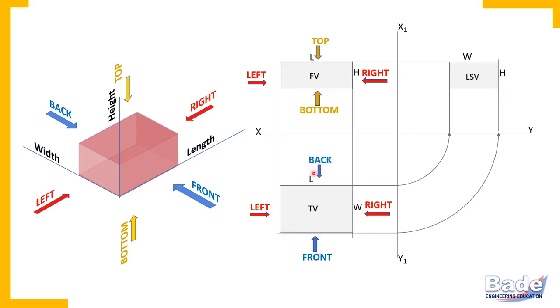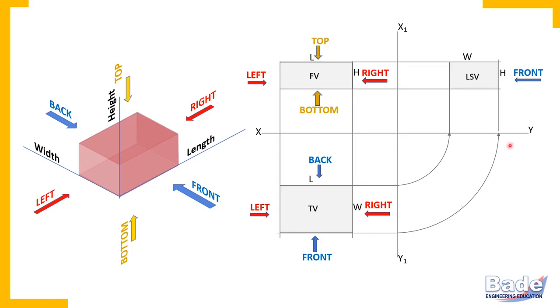This is front side and this is back side of the object. So what I want to tell you here is, in the front view, front back overlap and cannot be separated. But other than front and back, 4 sides you can identify or show in this manner: right, left, top, bottom. In the top view, top and bottom cannot be differentiated, they overlap. But other 4 sides, so right, left, front and back, can be shown using these arrows.